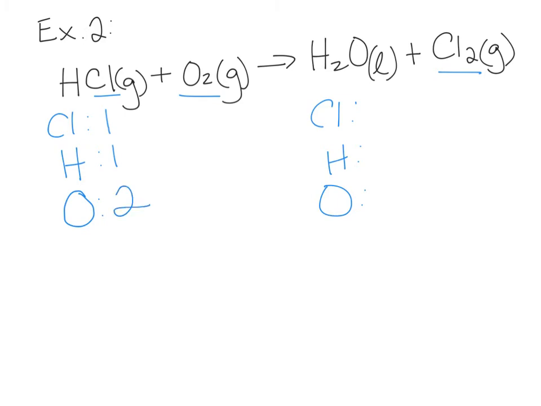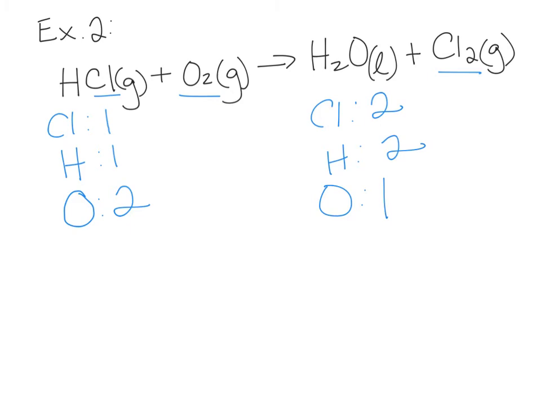On the product side, I have 2 chlorine, looking at that subscript. I have 2 hydrogen, and my oxygen does not have a subscript, so I assume it to be 1. Sometimes you'll do this and they will balance out right from the start and you don't have to add any more coefficients, but as you can see here, they aren't adding up.